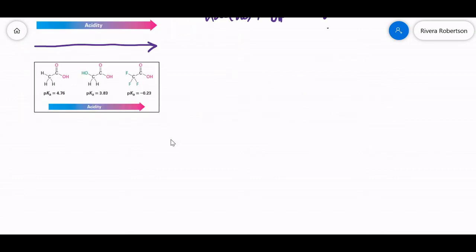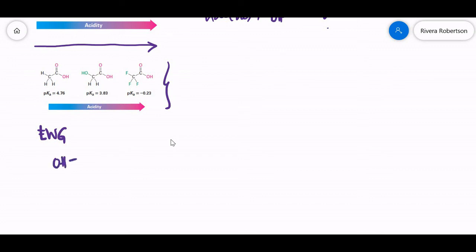The first factor is the presence of electron withdrawing groups. So, as you can see in our example above, the presence of a hydroxyl group and the presence of halides in the proximity of the carboxylic acid group increases the acidity.